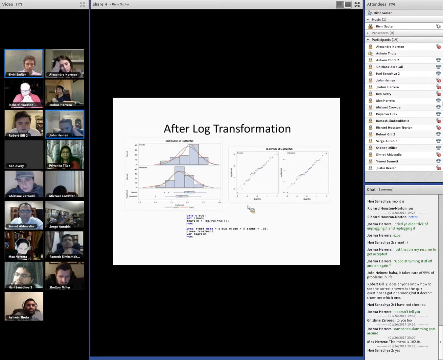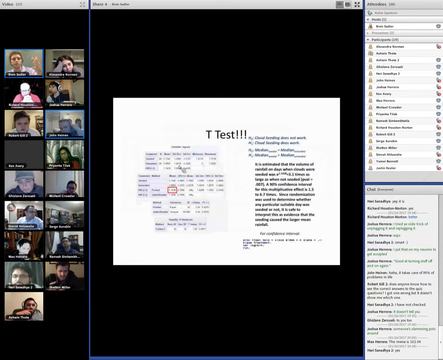But remember now, we're still doing a t-test because we can. But we're doing a t-test on the mean of the log of the seeded and the mean of the log of the unseeded. And here we're going to get it. And I'm going to show you why this is. I probably should have done my little rigmarole here earlier. But notice this difference here, 1.1438.